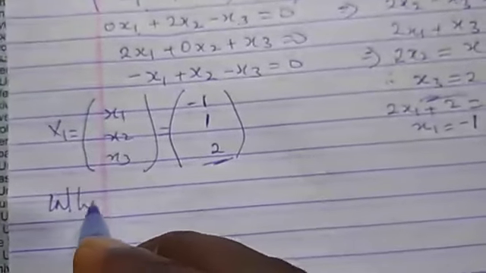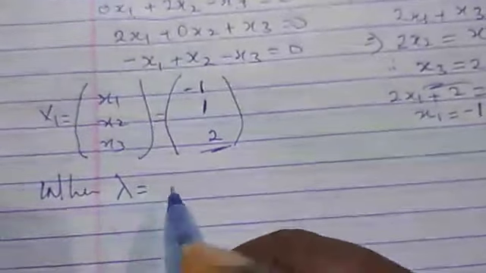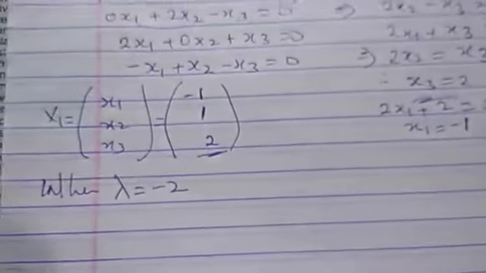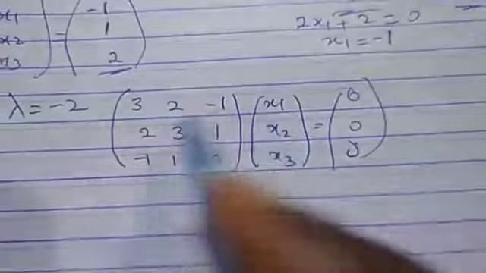Now let's consider the second one, the case when lambda is equal to minus 2. Anywhere you see lambda, you put minus 2. What are we going to get? We get this, and now we need to expand it.